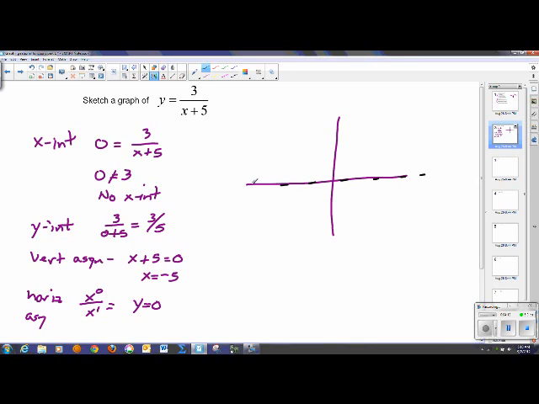So I'm going to put this dotted line here. Then we're going to graph our y-intercept. If this were 1, 3/5 would be somewhere around here. We're going to then graph our vertical asymptote of x equals -5. So here's 1, 2, 3, 4, 5. And I'll do that in black again.